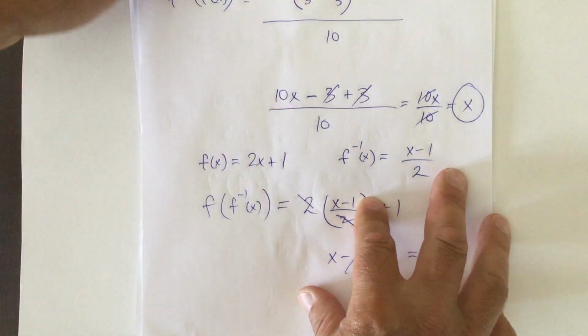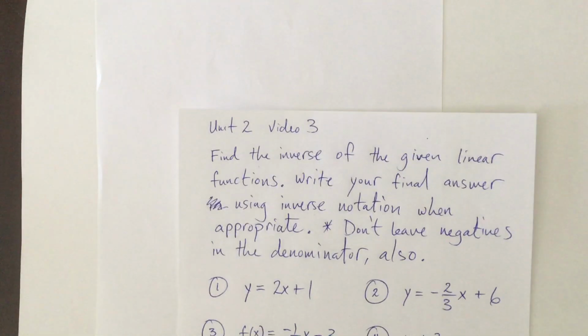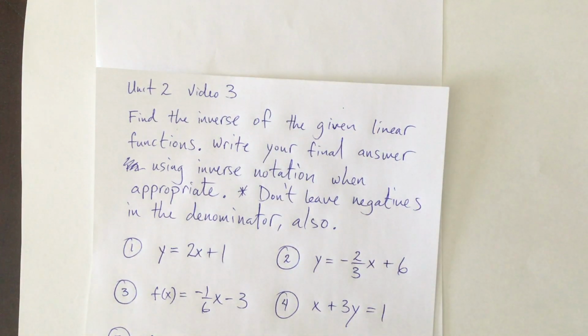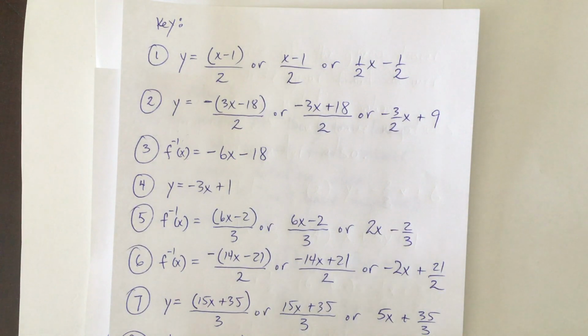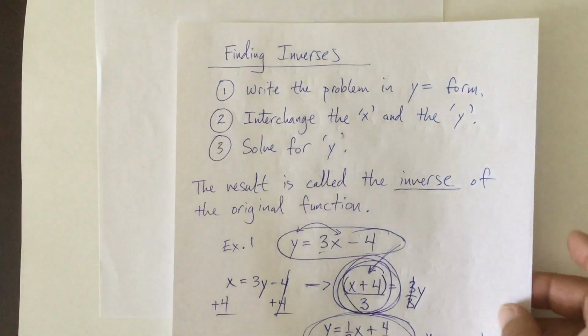So, once again, what are the topics we covered today in this lesson? Well, we talked about finding linear inverses. There's many different ways you could express your answer and still be correct, totally. And then we talked about what does it really mean to find an inverse?